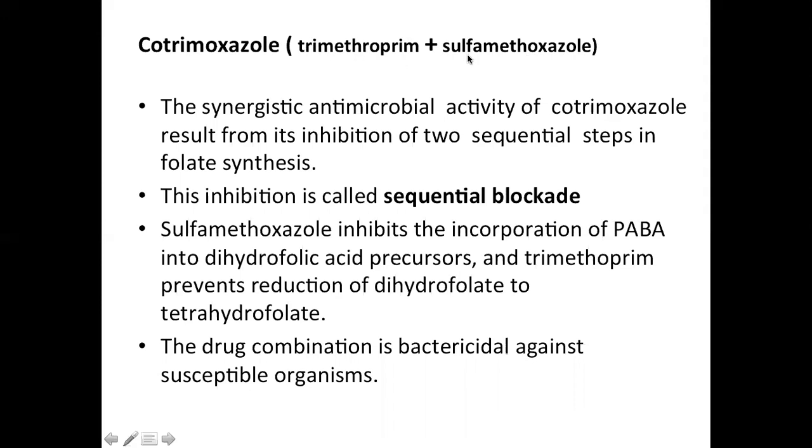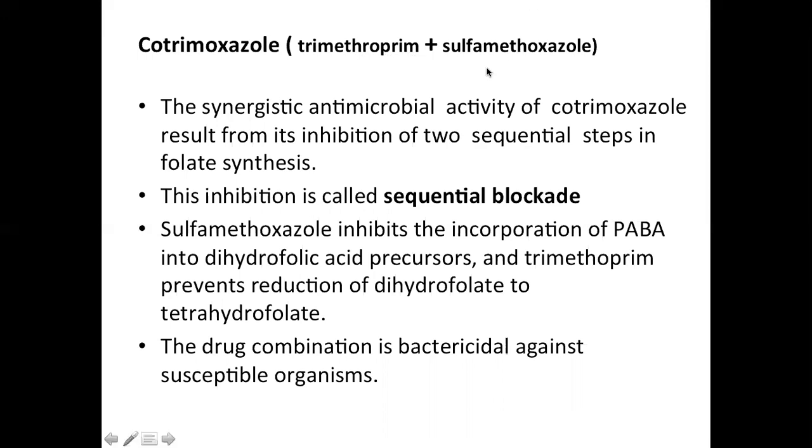But when these two drugs are combined together, their antimicrobial activity will equal, for example, 10 or 5. This is just an example. When we combine these two drugs, the antimicrobial activity does not equal 2. It equals more than 2, whatever the number.